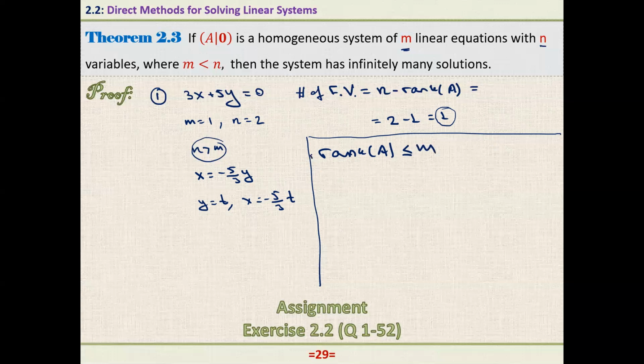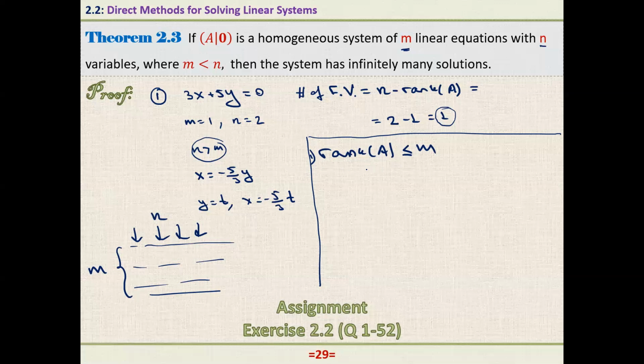Why? Because that's our first step. And how many lines do we have here? 1, 2, 3, 4. And we are saying that here we have m linear equations, right? And here we have n variables, right? And if you remember from the definition of rank, what is rank?